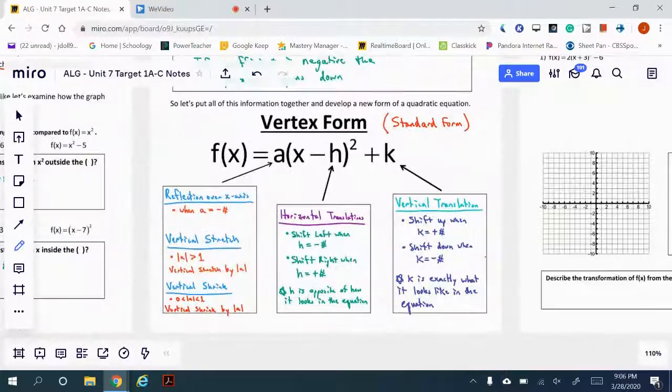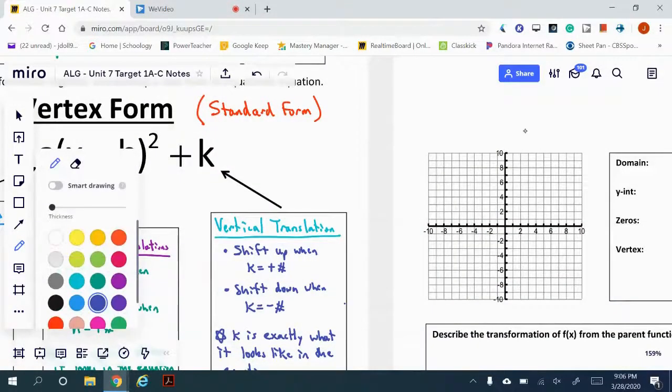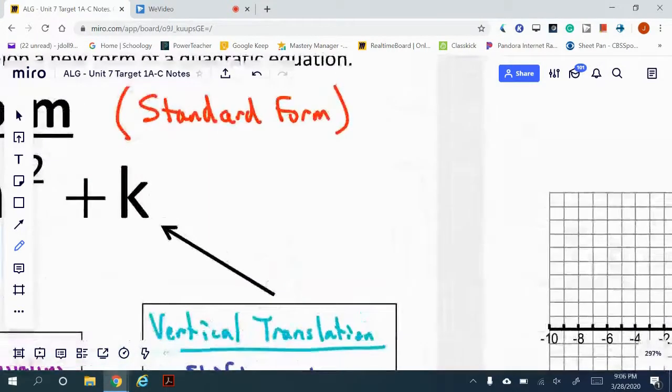Now, you might be asking yourself, in all of this, why is this called vertex form? Well, here's the deal. The really big takeaway that's really important is that when we look at vertex form, guys, the nice thing is we automatically know the vertex.